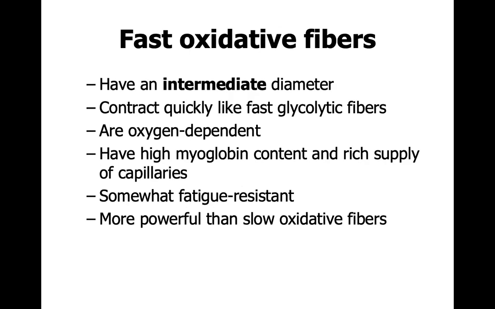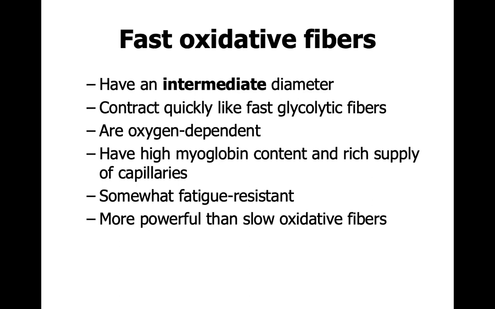The last category of muscles we have is fast oxidative fibers. These are intermediate in diameter, so they're between the slow oxidative and fast glycolytic muscles. As the name fast implies, they do contract rapidly. However, because they have access to oxygen through the oxidative process, they don't get tired as fast. They are oxygen dependent.